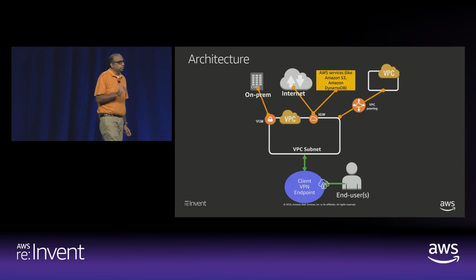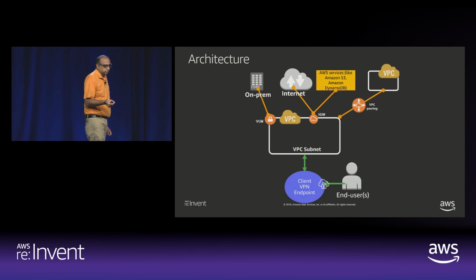The only requirement there is every subnet that you're associating has to belong to a different availability zone. You cannot associate multiple subnets from the same availability zone to an endpoint. But you can associate multiple subnets that belong to different availability zones. So you're basically limited by the number of availability zones that you have in a region.